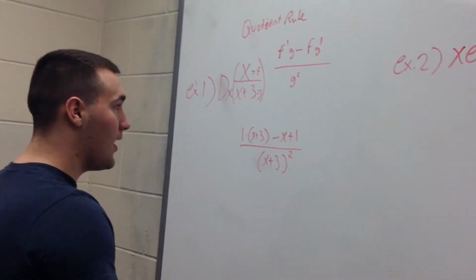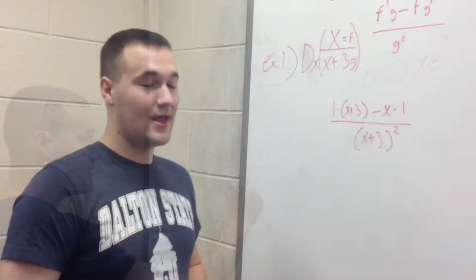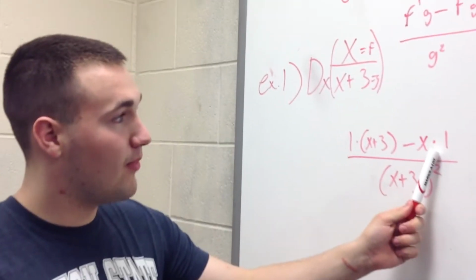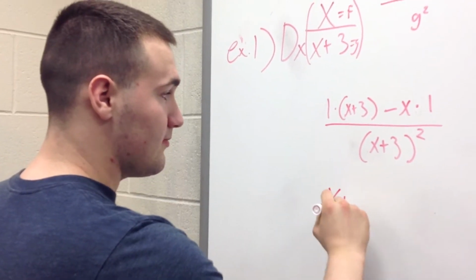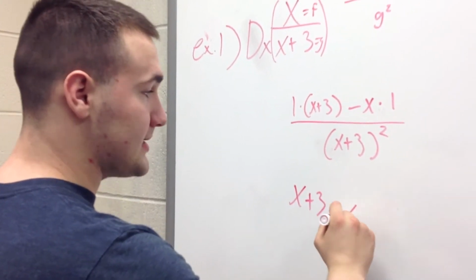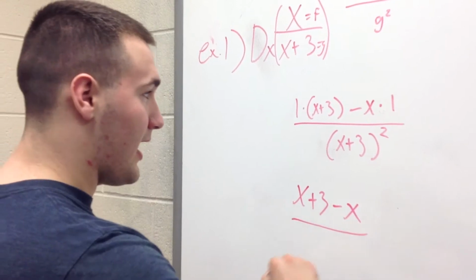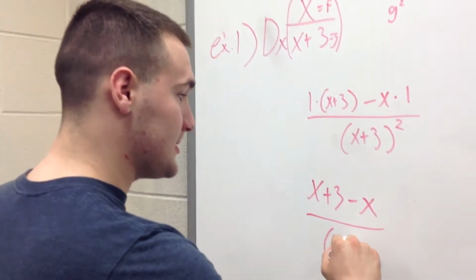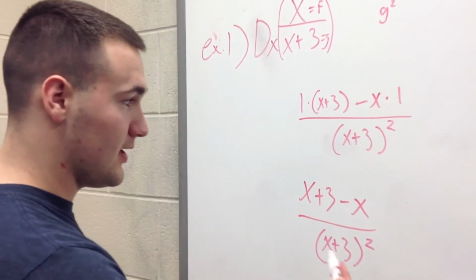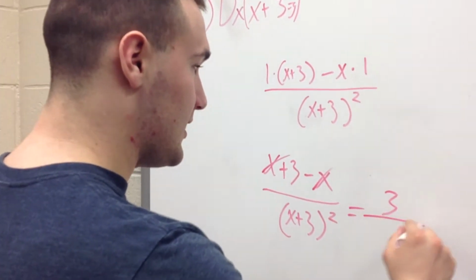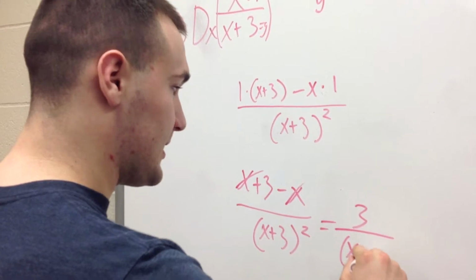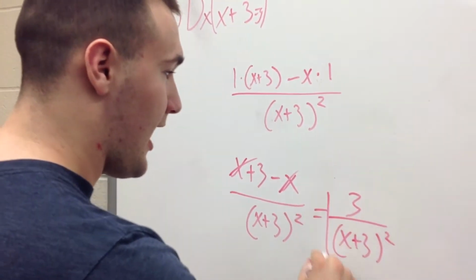Okay, we're going to go ahead and distribute the 1 in there. After we've done this, multiplied by 1, we get x plus 3 minus x divided by x plus 3 squared. These x's cancel, and then we're just left with 3 over x plus 3 squared. And that's your answer.